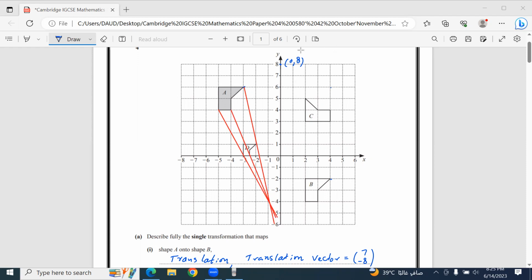So we can say that our center of enlargement is (-1, -4), and for the scale factor, there are different ways to find it, which is O A dash over O A. You can also use similar sides, for example, this one we have 2 boxes and this one we have 1 box.